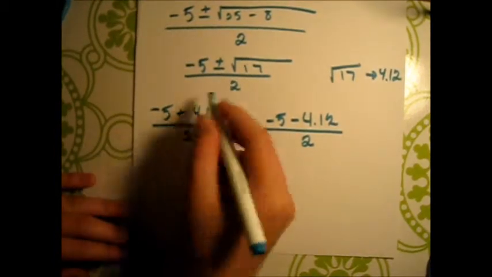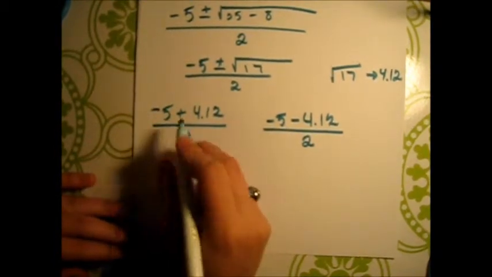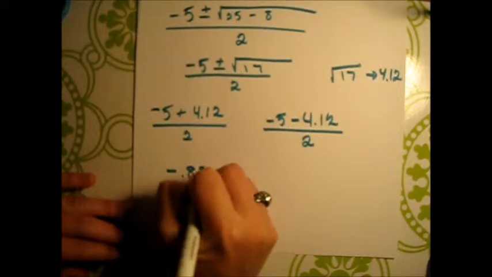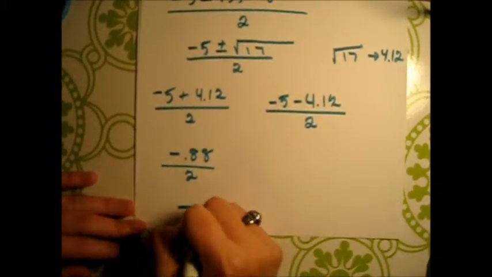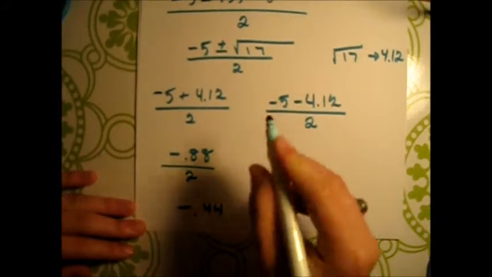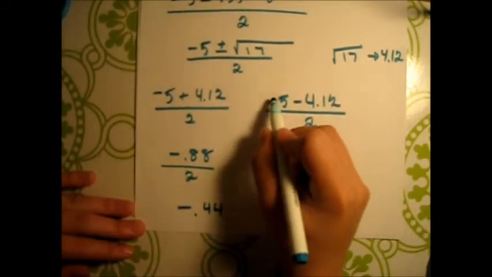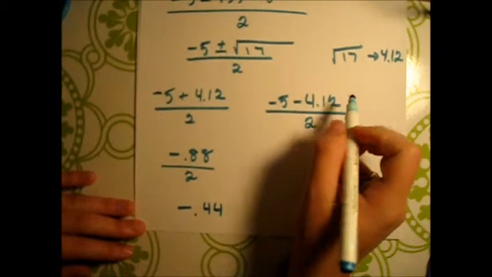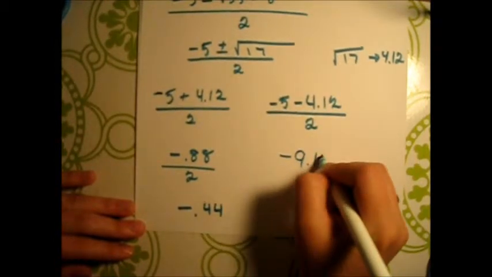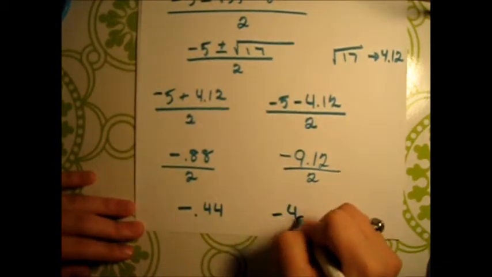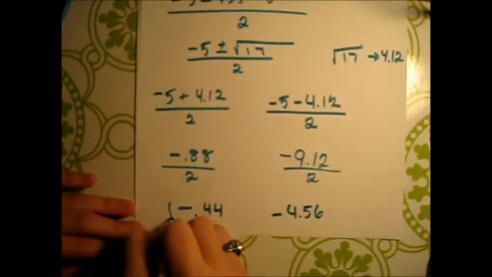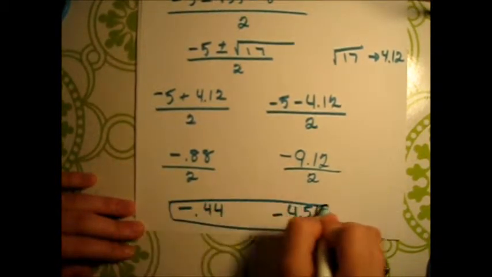Negative 5 plus 4.12 is negative 0.88 over 2. That gives us negative 0.44. And negative 5 minus 4.12 is negative 9.12 over 2. Gives us negative 4.56. And these are your solutions.